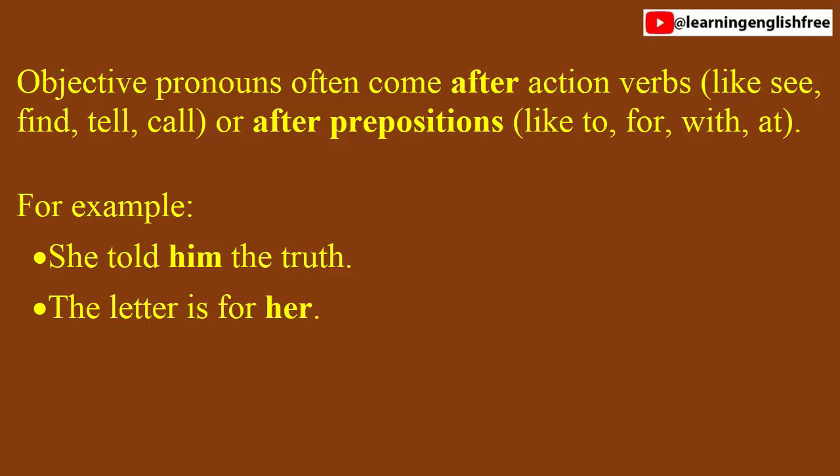Objective pronouns often come after action verbs like see, find, tell, call, or after prepositions like to, for, with, at. For example, she told him the truth. The letter is for her.